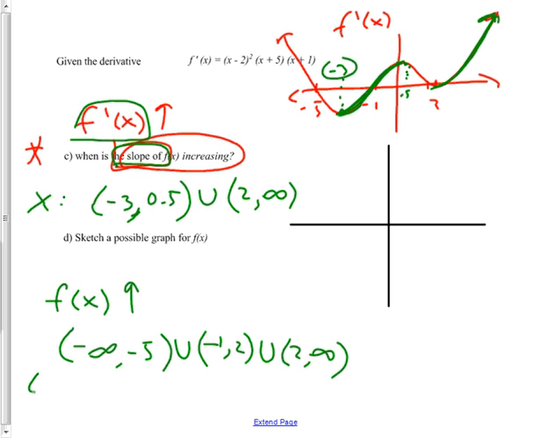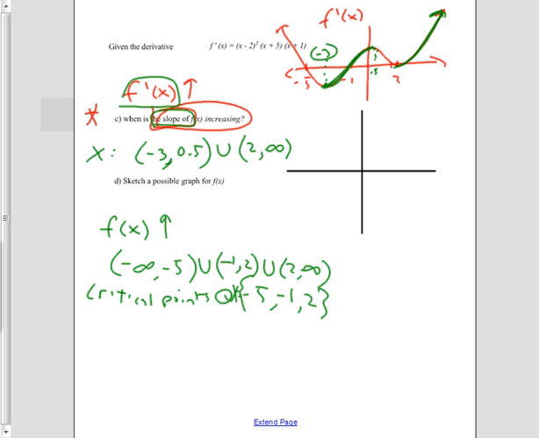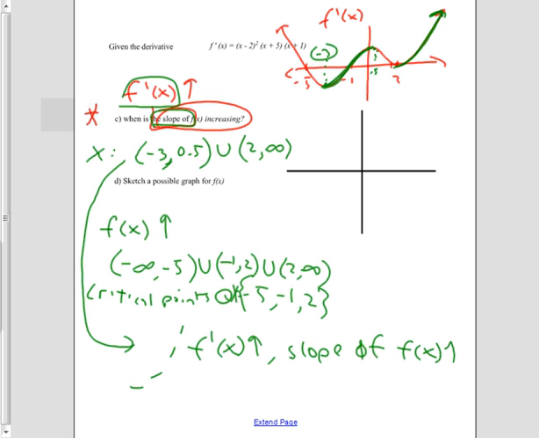We know that there's going to be critical points at -5, -1, and 2, where x equals those. And we know that the slope is going to be increasing for these points. And for the slope to be increasing, for f prime of x to be increasing, or the slope of f of x to be increasing, we know that that means it's going to be concave up.